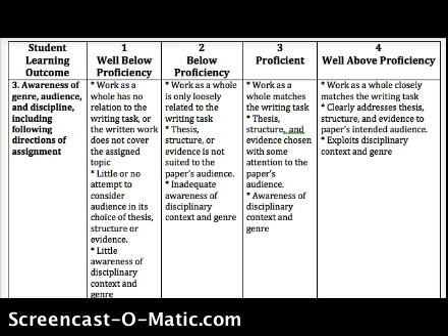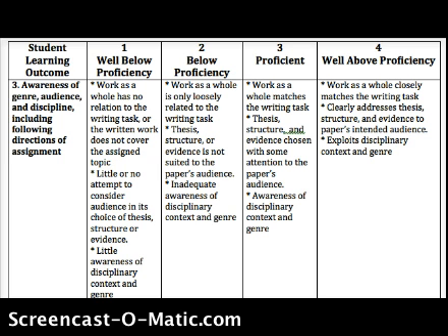The next one is awareness of genre, audience, and discipline. All that means is that the person has chosen the right genre or format. For example, if I'm writing a business letter, that's a genre, and that would be good in the Department of Business. If I'm writing a book review, that might be good in the Department of English.